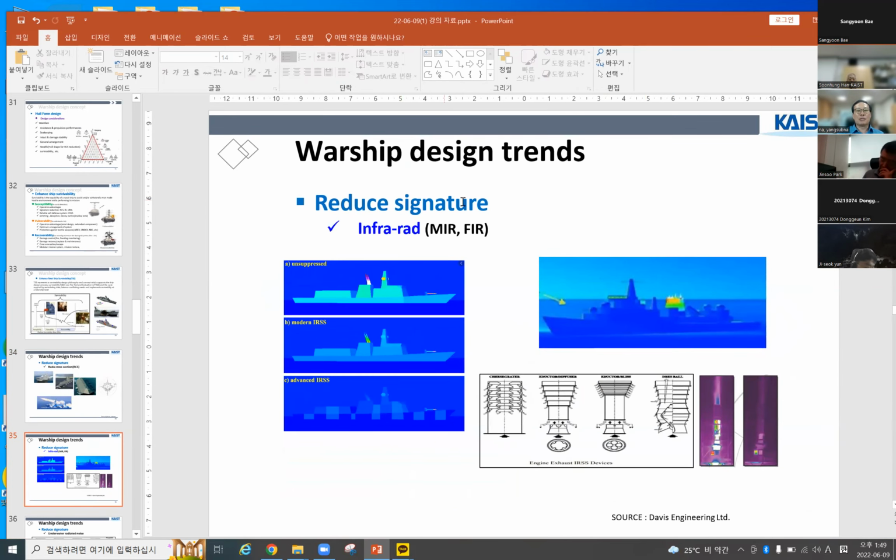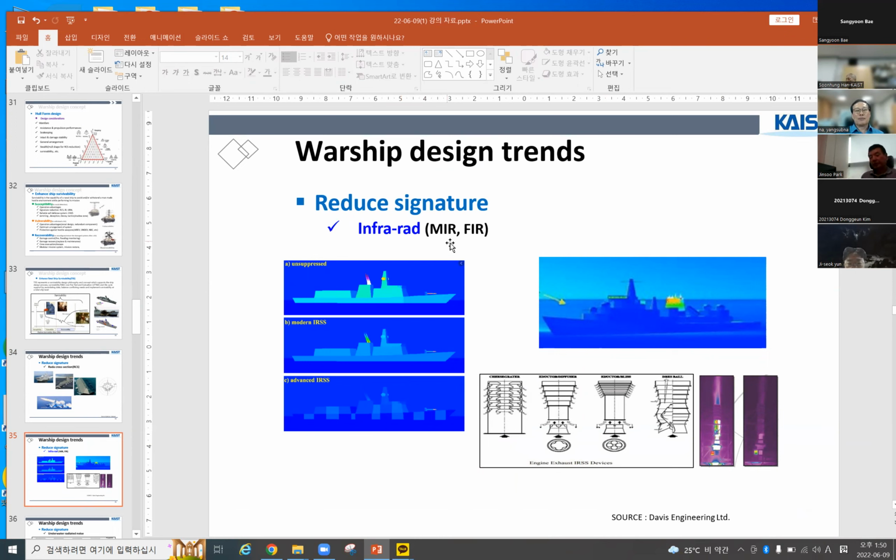Next is reducing the infrared signature. Infrared is classified into medium infrared and far infrared. Medium infrared is the target of missiles, and far infrared is used for classification of the ship. What type of ship? What is the number of ships?